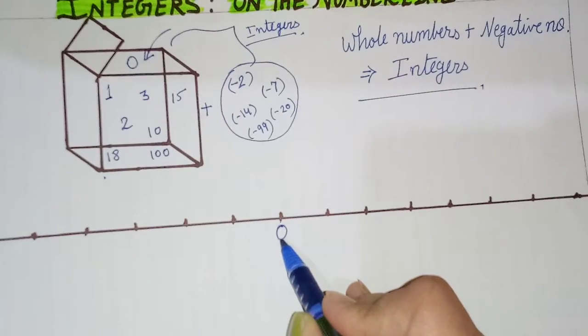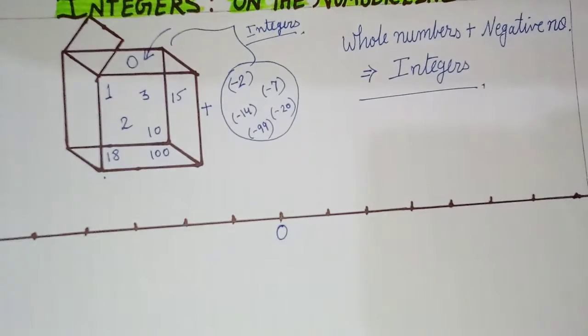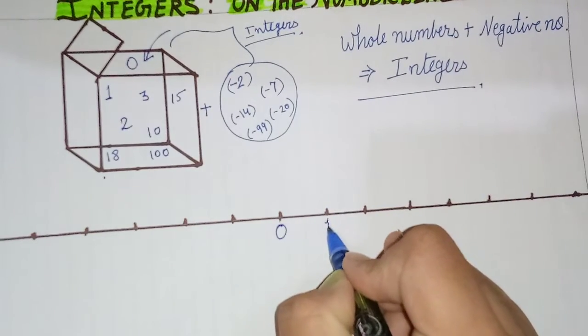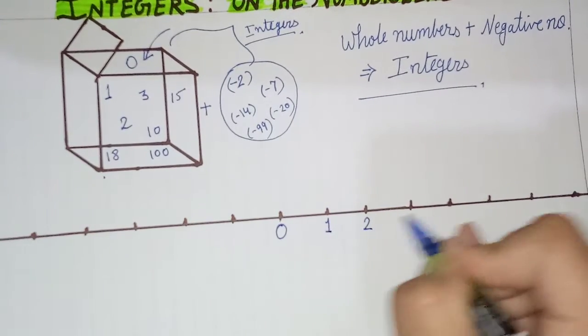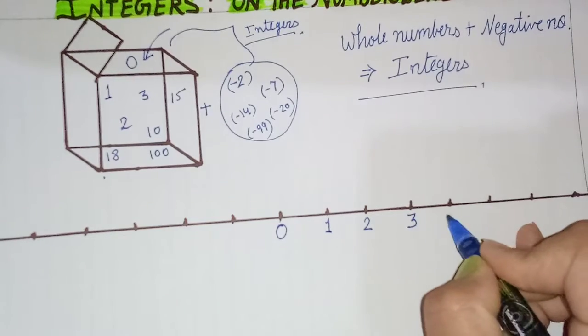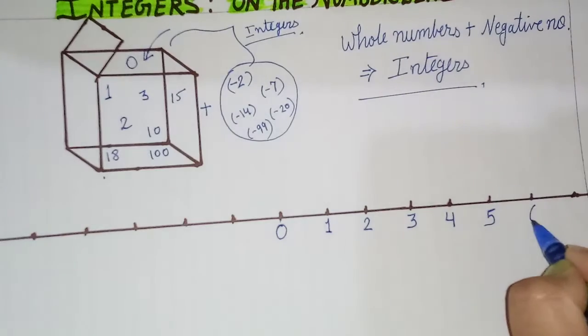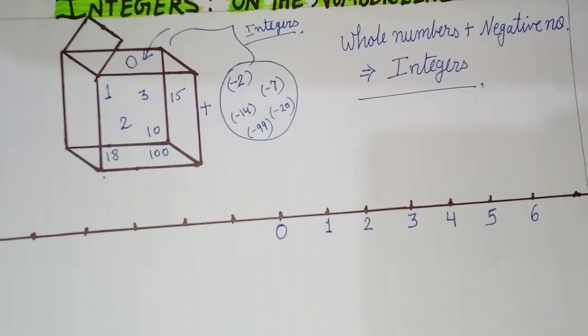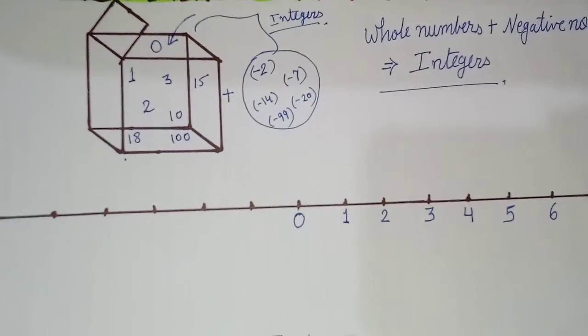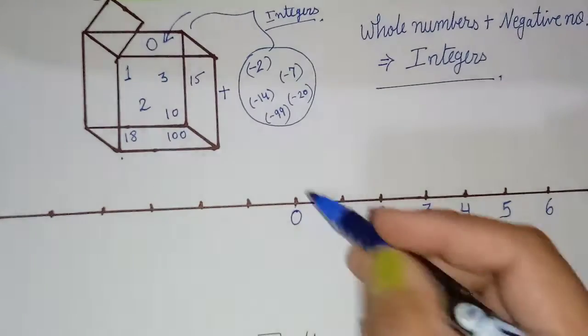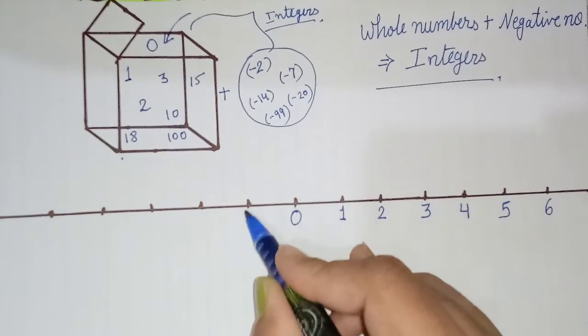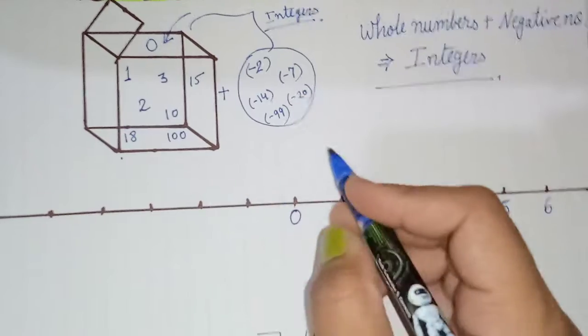So starting from 0, if I go to the right, I increase the number in the positive manner: 1, 2, 3, 4, 5, 6 and so on. If I go to the left of the number line, again I have to start from 0 and keep moving to the left side.